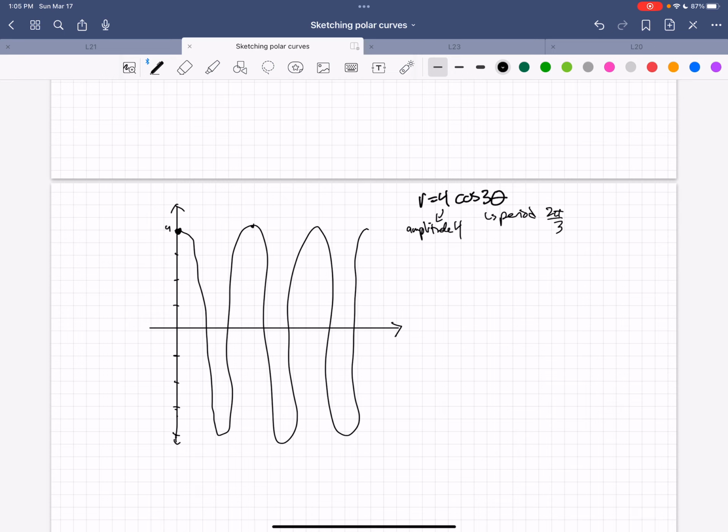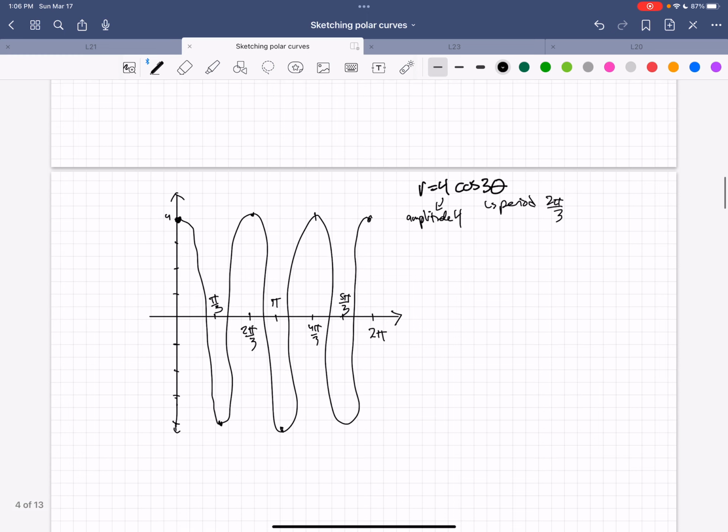Okay, so this is at 2 pi over 3, this one's at 4 pi over 3, and this one's at 6 pi over 3, aka 2 pi. Okay, and then we've got a low point here, and this is going to be at pi over 3. This one is at 3 pi over 3, so just pi, and then this one is at 5 pi over 3.